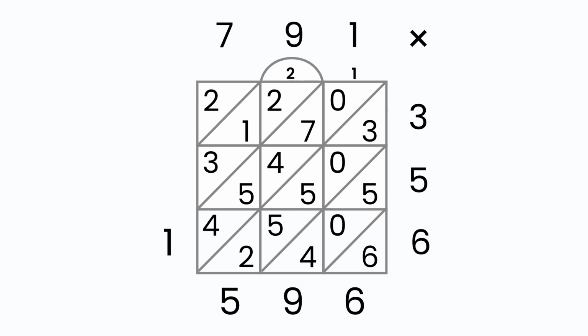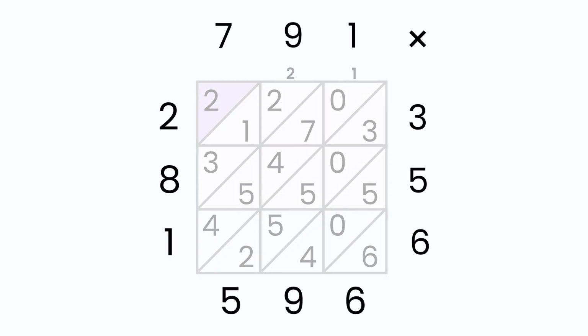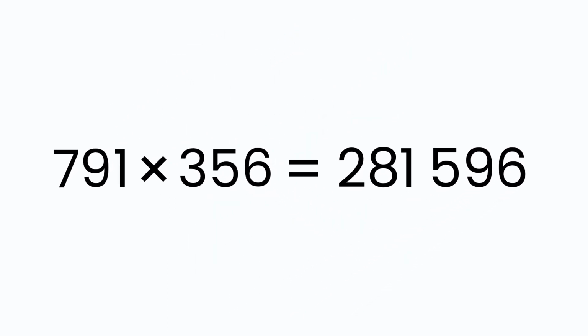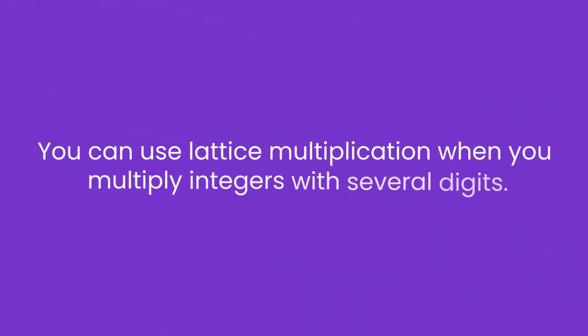Write 1 under the column and carry the 2. Almost done now. Next is 2 plus 2 plus 1 plus 3, which equals 8. And finally, just 2. The final answer is 281,596. You can use lattice multiplication when you multiply integers with several digits.